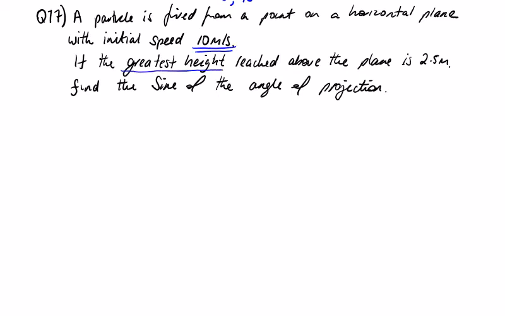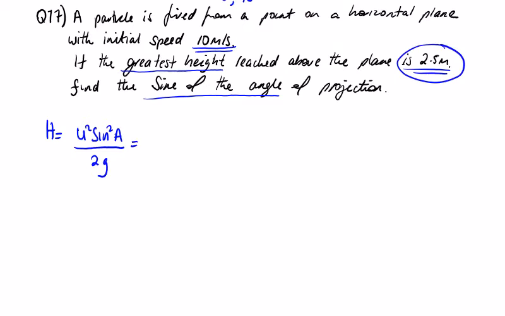Greatest height this time reached is 2.5. Find the sine of the angle of projection. So we know that greatest height, I'll call it h in this case, we use s for displacement if you're using the formula. It's going to be u squared sine squared alpha over 2g. Obviously the more you practice with these, it just becomes second nature to write it down.